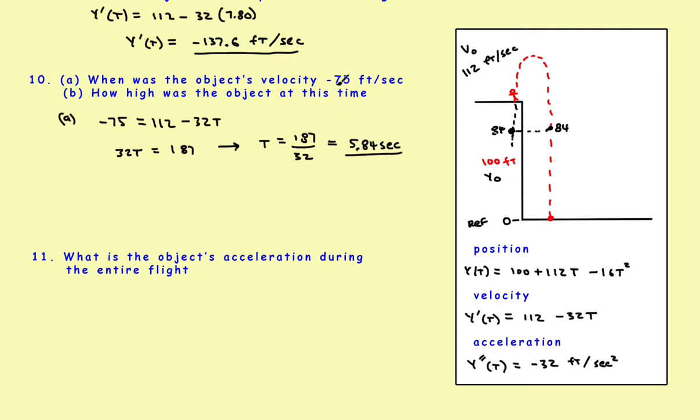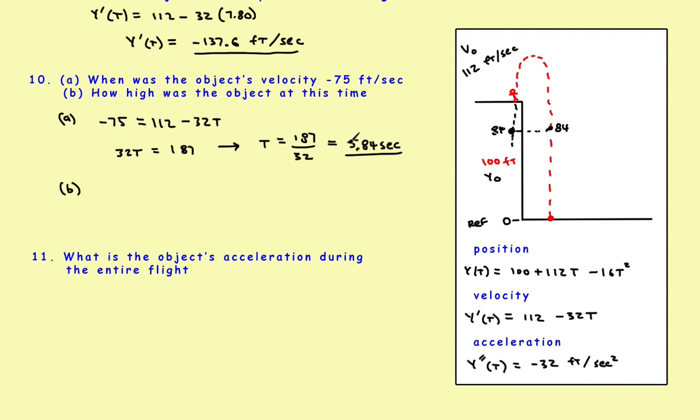So the question is, at what time was the object's velocity negative 75 feet per second, which means that it's coming down, and it reached a speed of negative 75 feet per second 5.84 seconds after you threw it. Now we'll move to part B of the question.